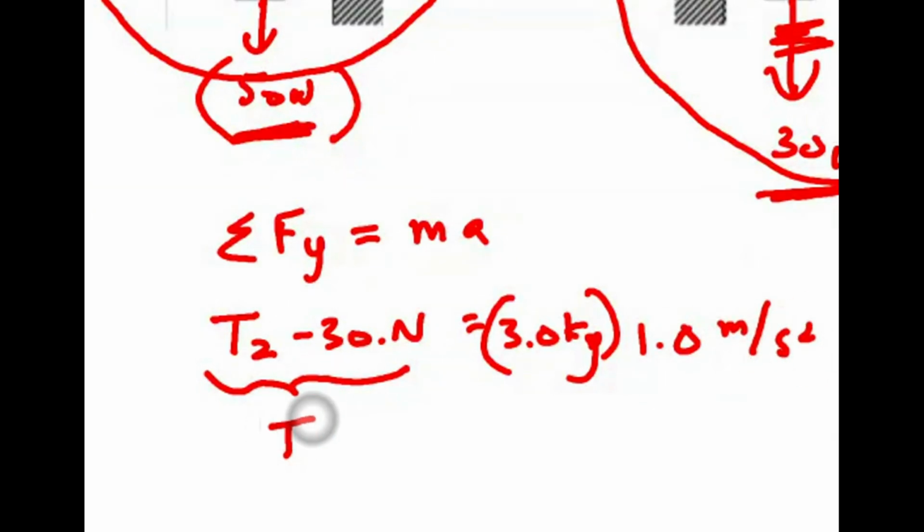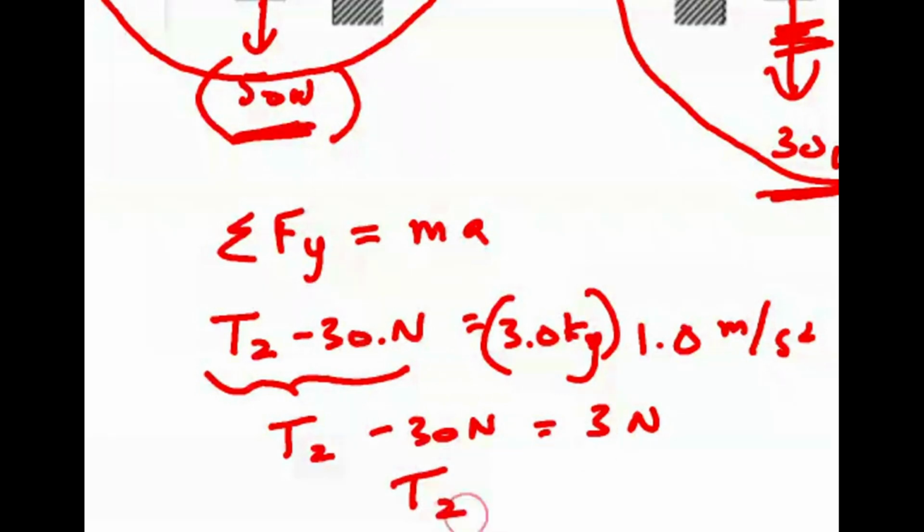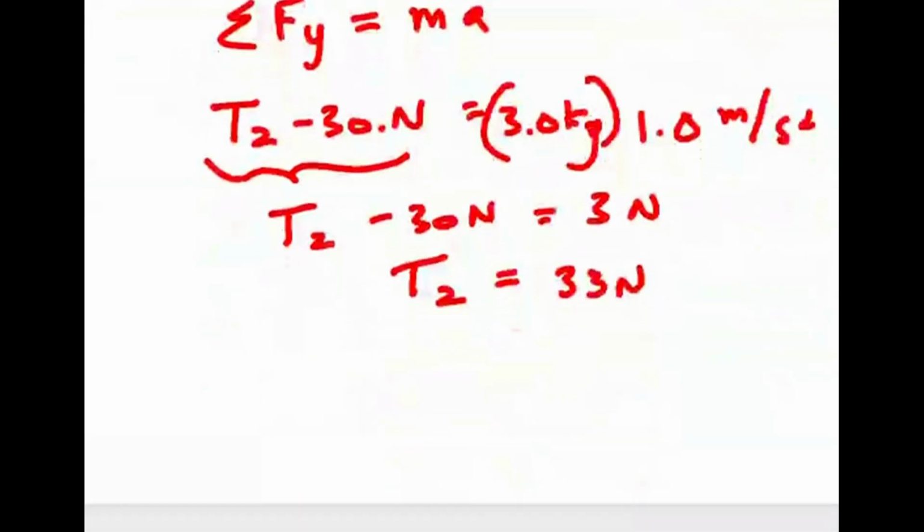So T2 minus 30 newtons equals 3 newtons. T2 equals 33 newtons. Let's once again clean that up. So T2 is 33 newtons, and I'll see if I got that right.